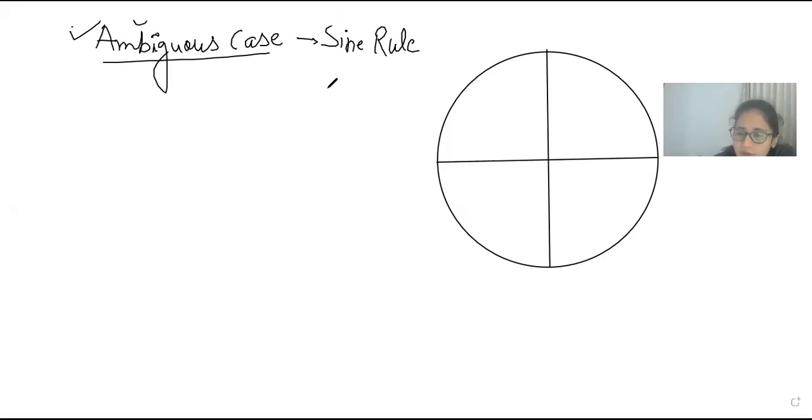If from the given information we cannot draw two triangles, or if two triangles do not exist, that means the case is not an ambiguous case.